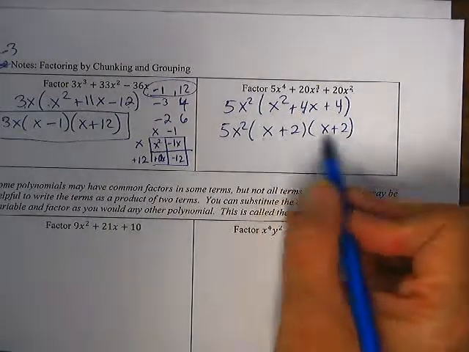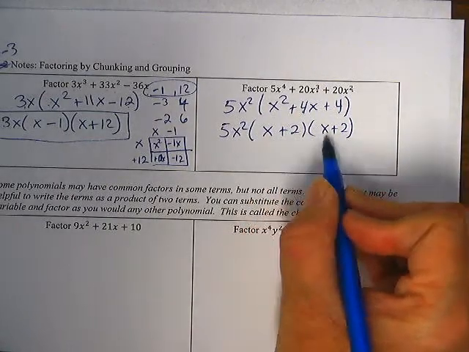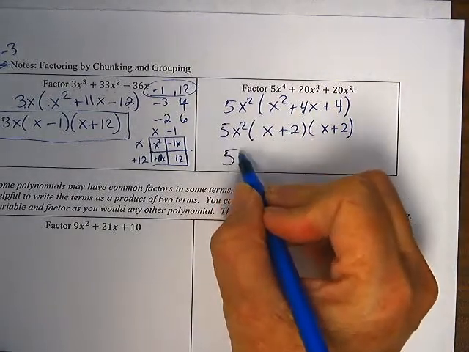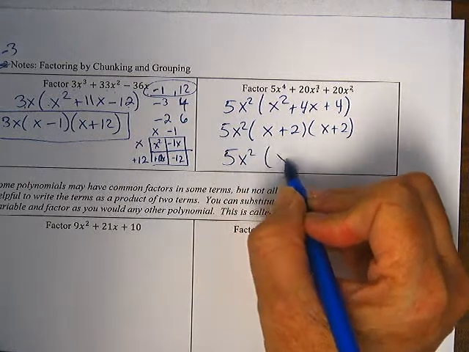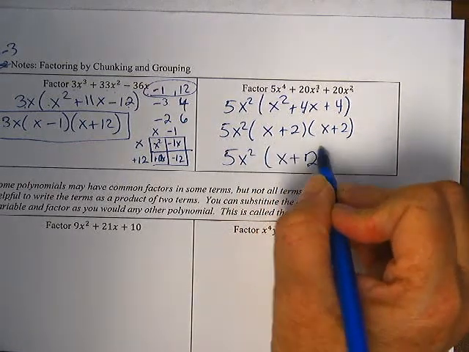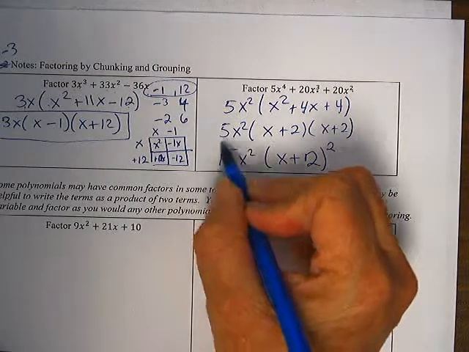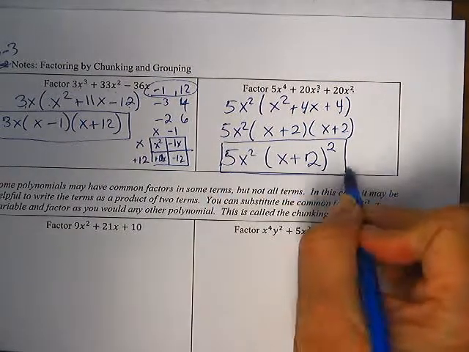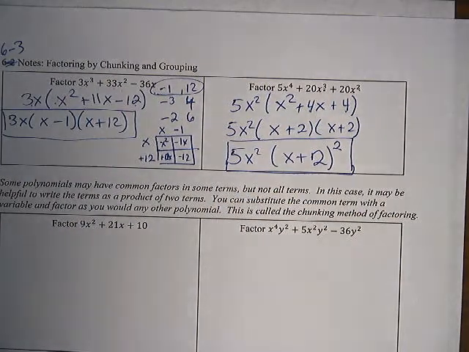Okay, typically we would not leave it like that. Because this is just duplicated, we could rewrite it as 5x squared and x plus 2 squared. So that would be your final answer of fully factoring that polynomial expression.